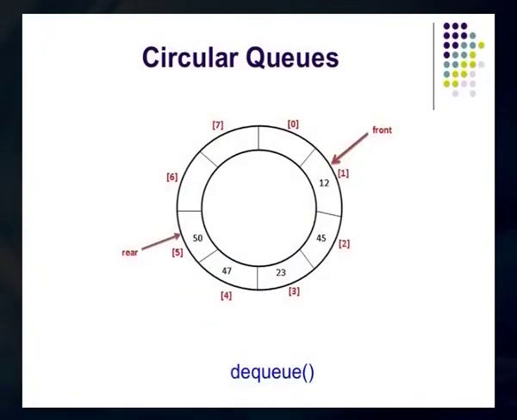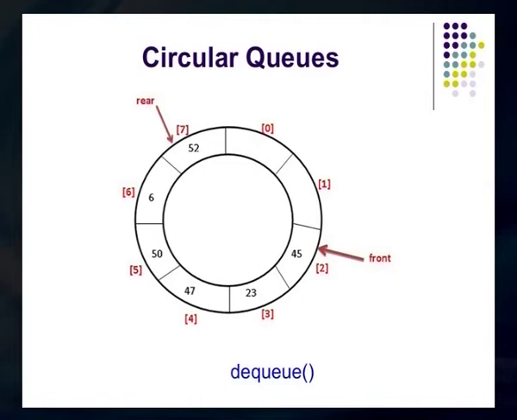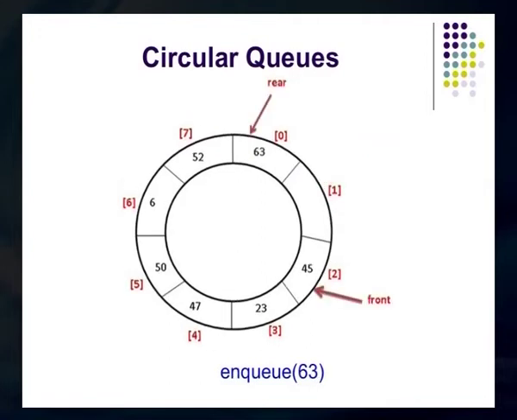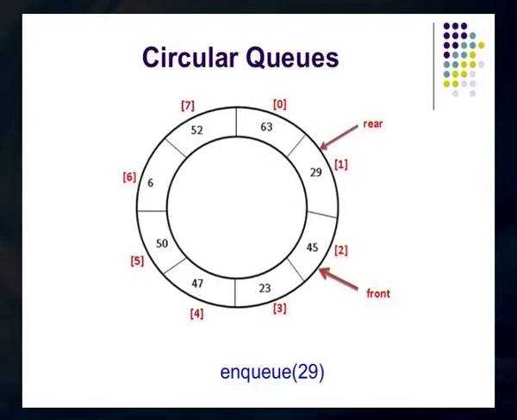The state of the queue after the following sequence of operations: dq, nq 6, dq, nq 52, nq 63, nq 29 is as shown in the slide.